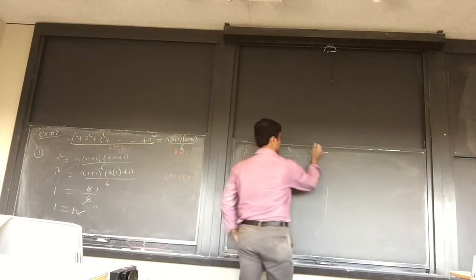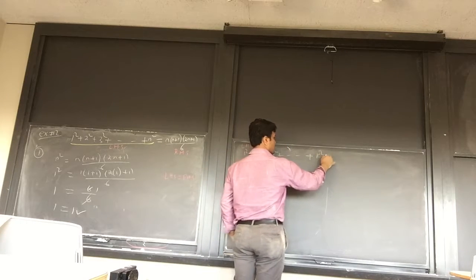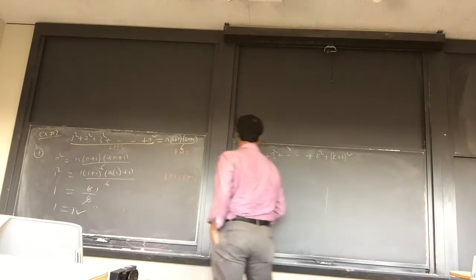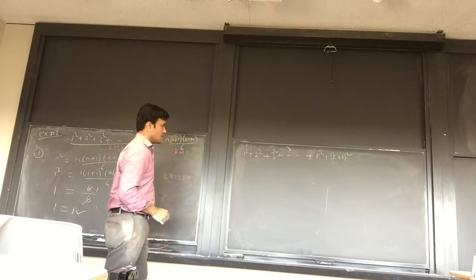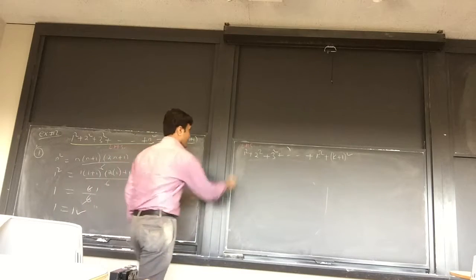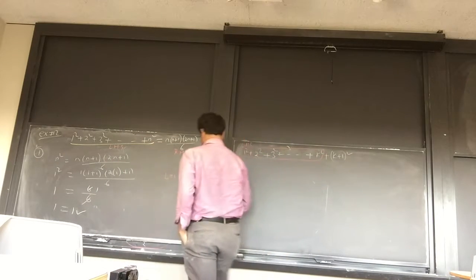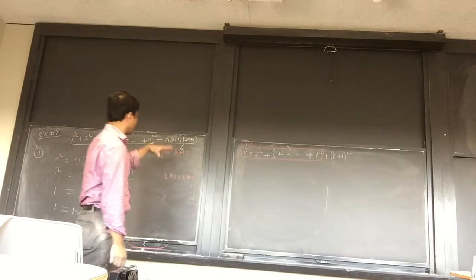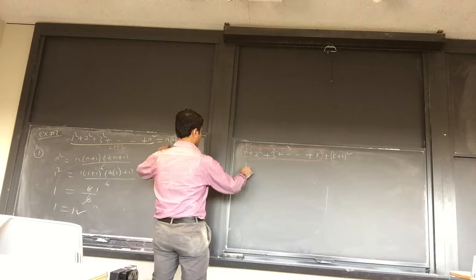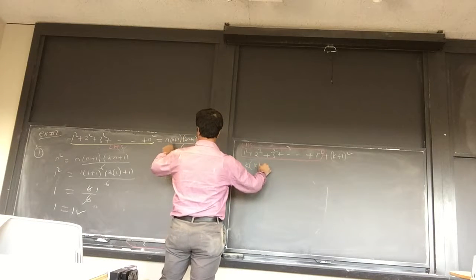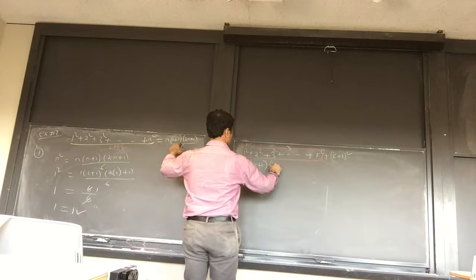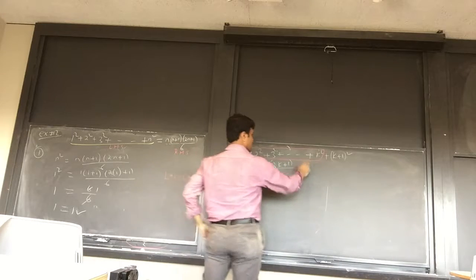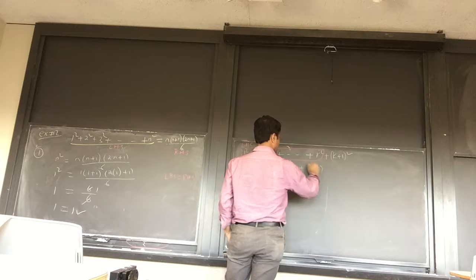Instead of n squared, we're going to write k squared plus (k plus 1) squared. Then we write k(k+1)(2k+1)/6, and this is plus (k plus 1) squared.